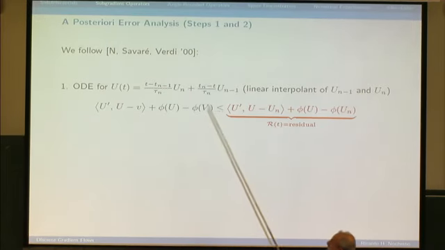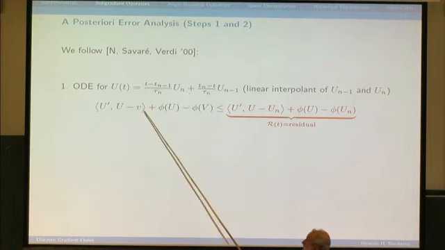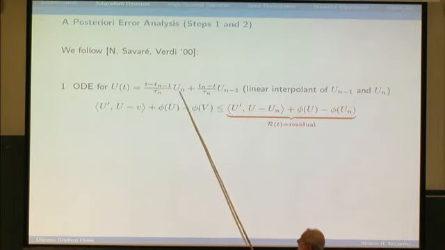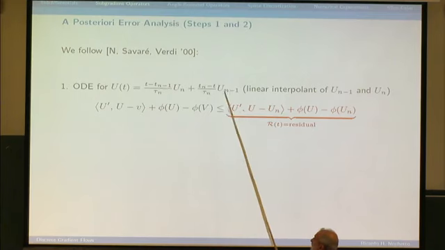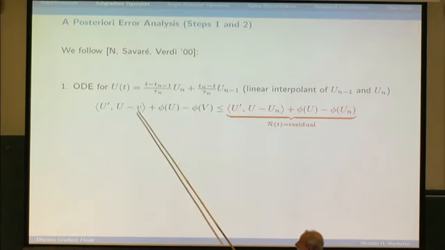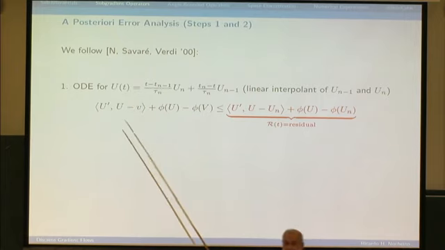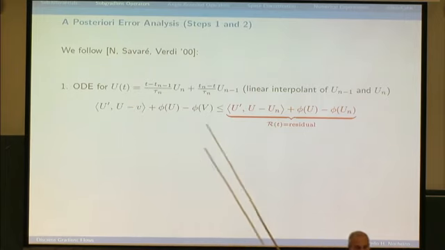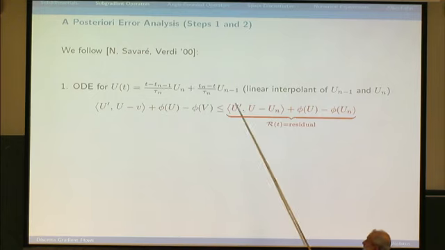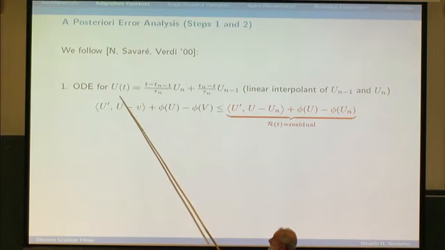And so how do we do the analysis? Given the fact that I have these values at the time steps, u_{n-1}, I interpolate. And I create a function, capital U, which is a piecewise linear function in time, joining the values u_n and u_{n-1}. This function now is continuous in time. I stick it into the variational inequality.